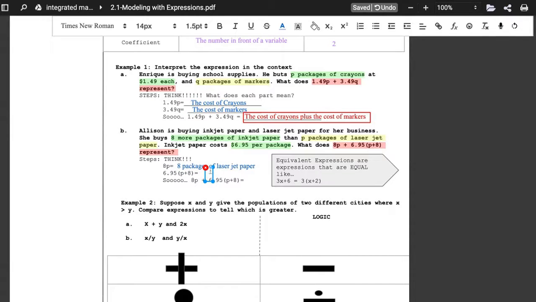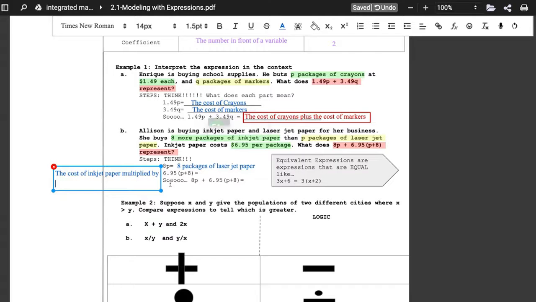And so 695 of P plus 8, well, 695, remember, represented the cost of inkjet. In parentheses means times, so multiplied by, yeah, it's bleeding into the next part. So I'm going to go ahead and actually put it over here.